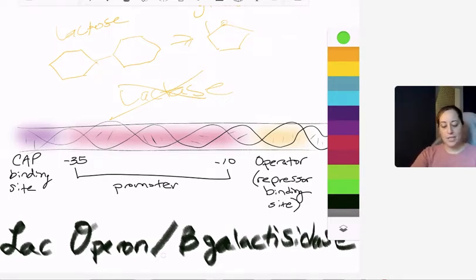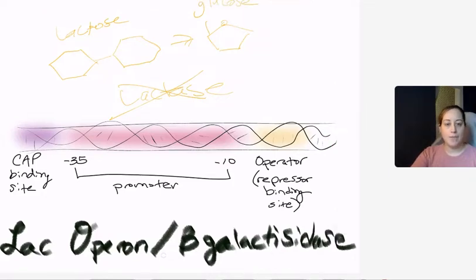Instead, the enzyme that breaks down lactose that is made from the genes in this operon is called beta-galactosidase. Again, beta-galactosidase here, we see the spelling along the bottom, or BGAL for short.